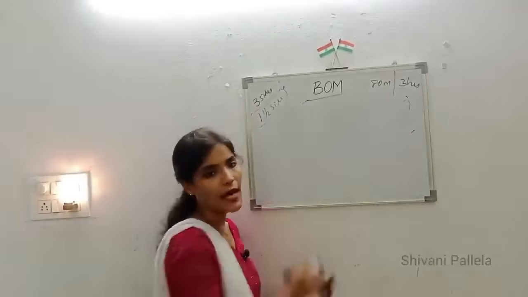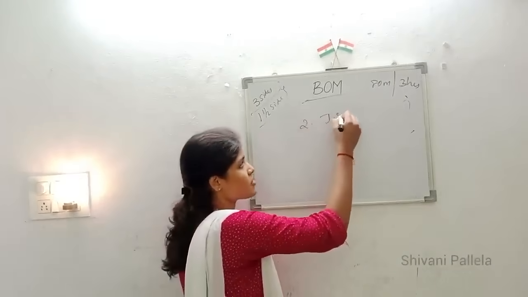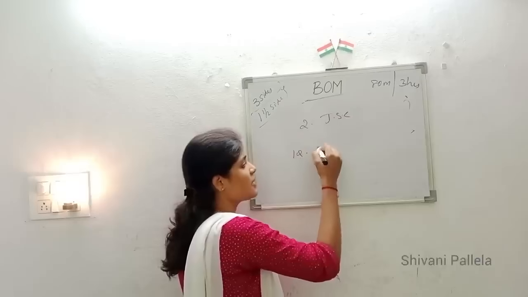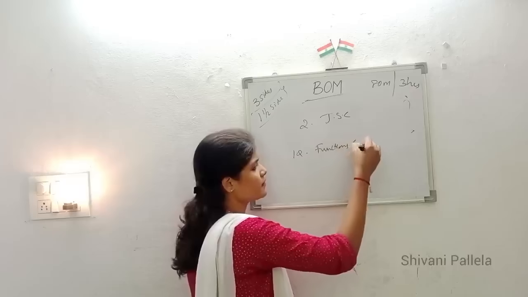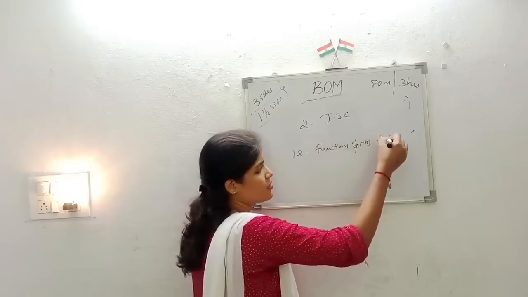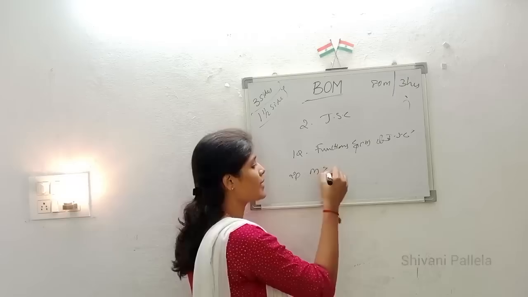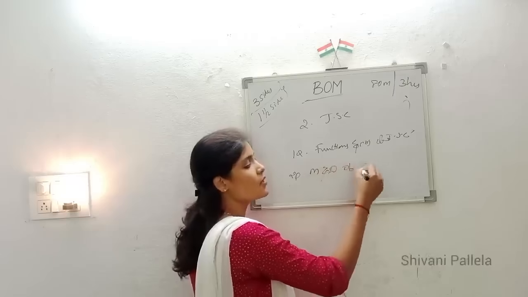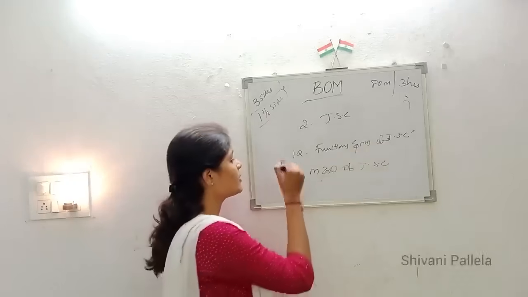For the second unit, I will give only 2 questions. In the second unit, what is this unit name? Joint stock company. The first question is functions and objectives of joint stock company, and the second question is merits and demerits of joint stock company. These are the two important questions.